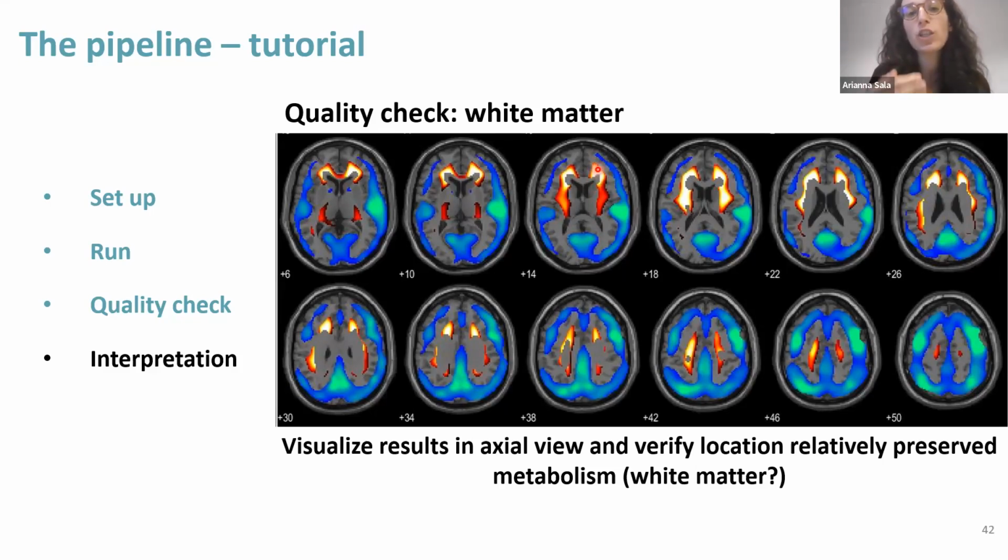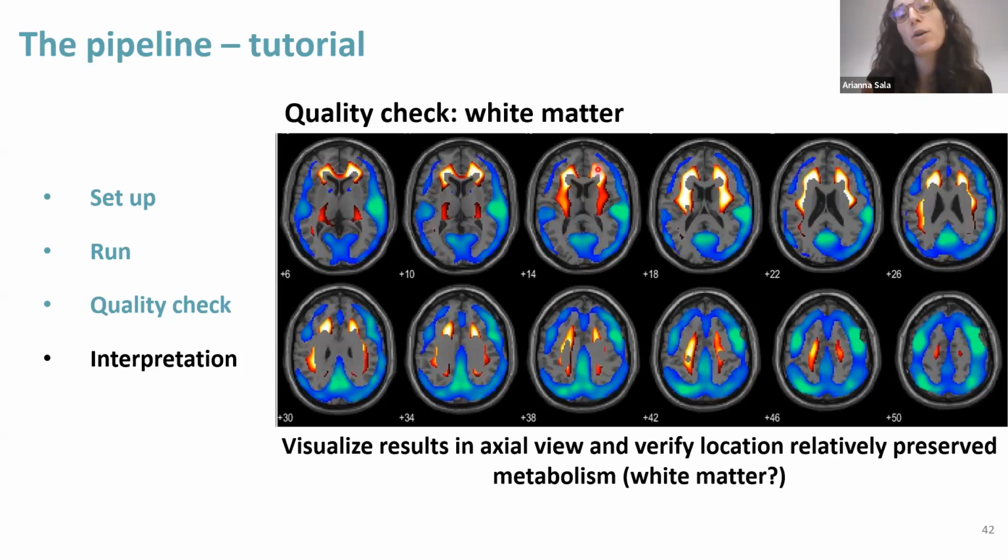This is kind of an artificial effect that happens again when we have such a huge decrease in gray matter level, that the white matter might pop up as relatively preserved, because indeed, after we perform global mean scaling, which is something we do in these analyses, the white matter will just look as if it is even higher than in controls, but it's just a relative effect due to the full context, let's say.